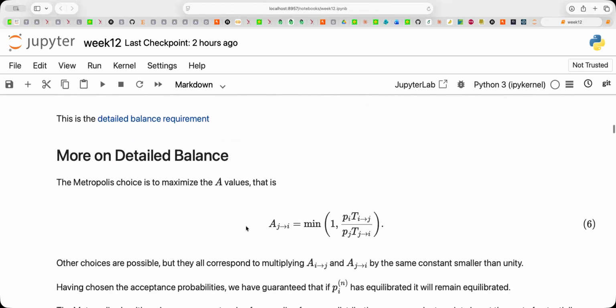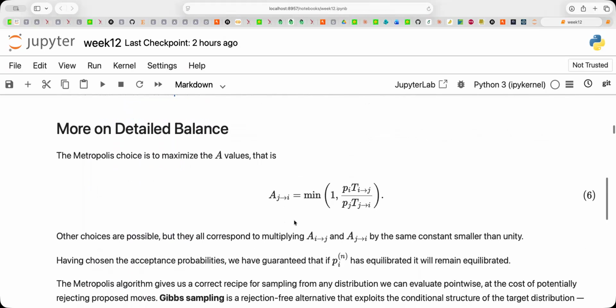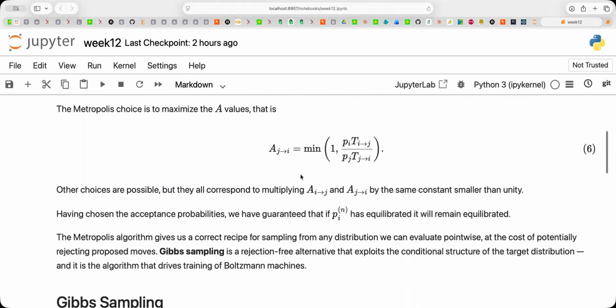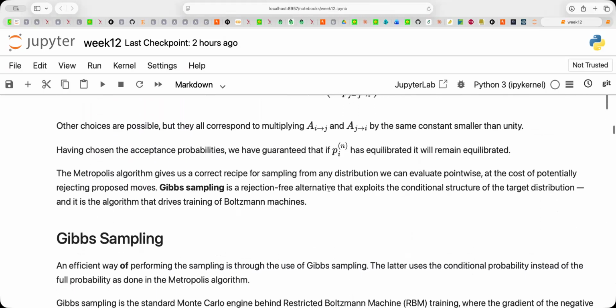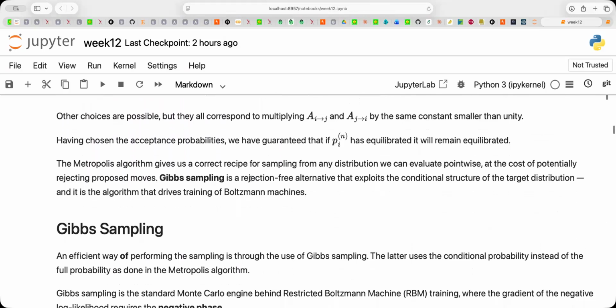So I use what's called detailed balance, and this is the typical quantity which you want to use. You can also use other choices. If this is symmetric, then you end up with pi_i to pi_j. However, it gives us a correct recipe for sampling from the distribution, but Gibbs sampling is a simpler, rejection-free alternative.